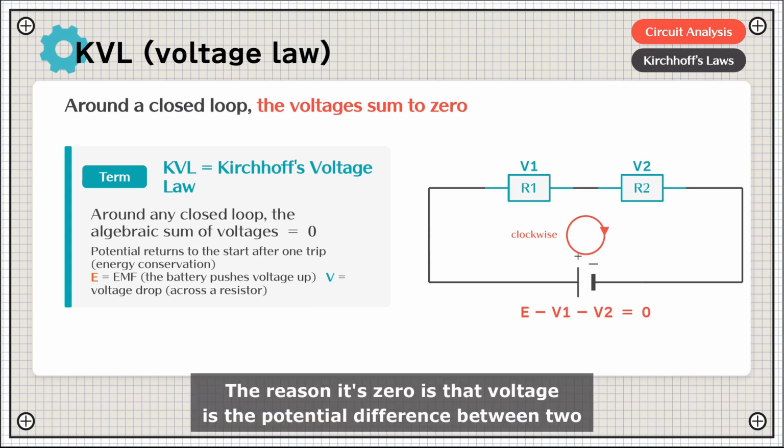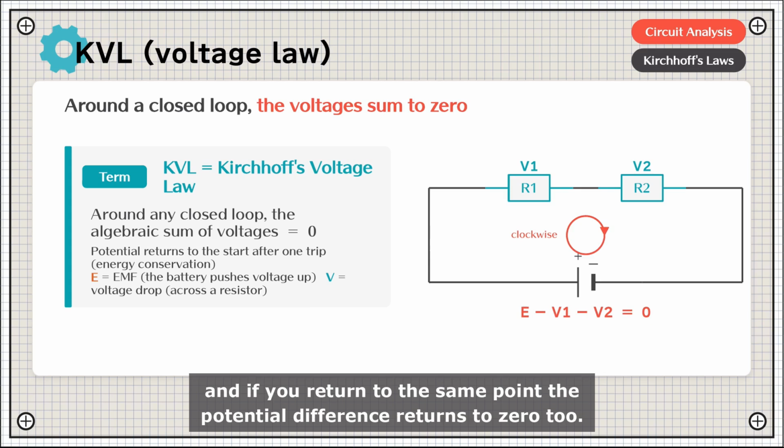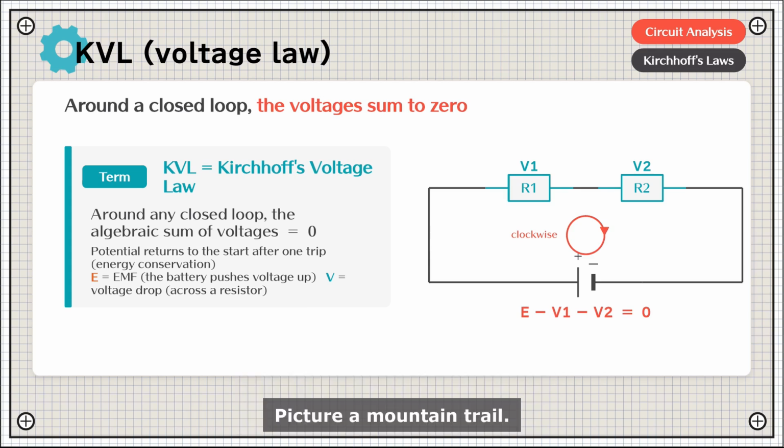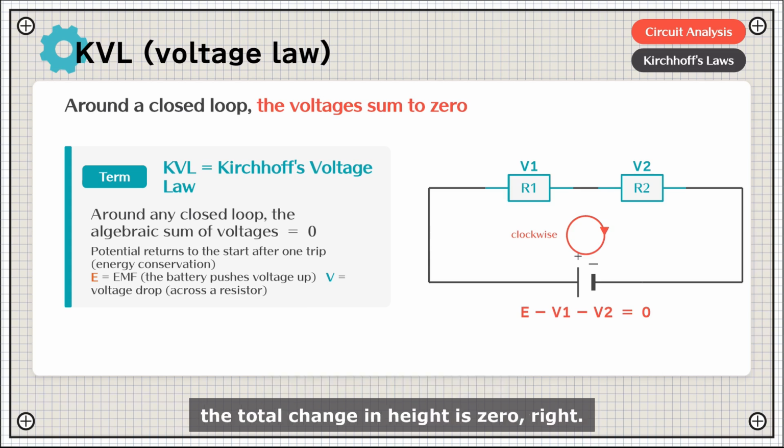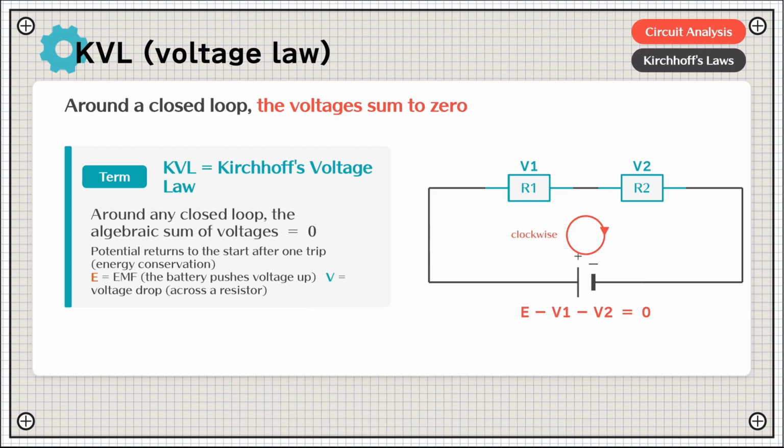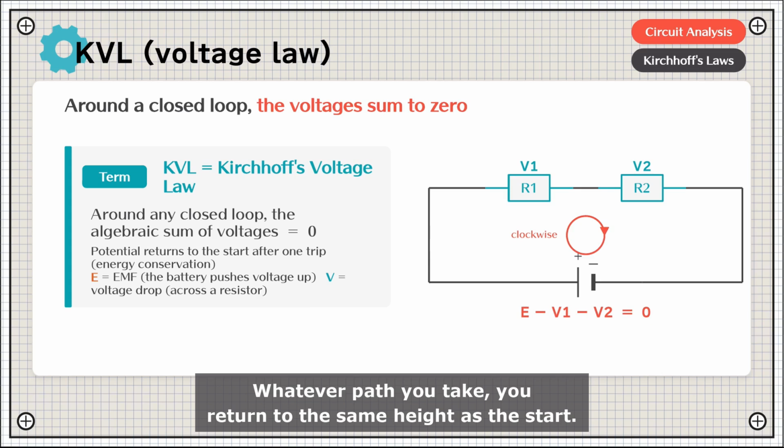The reason it's 0 is that voltage is the potential difference between 2 points, and if you return to the same points, the potential difference returns to 0 too. Picture a mountain trail. When you walk the trail from the start and come back to the start, the total change in height is 0, right? Whatever path you take, you return to the same height as the start.